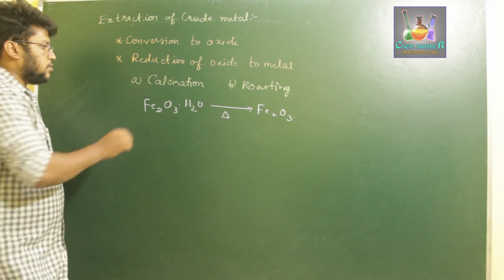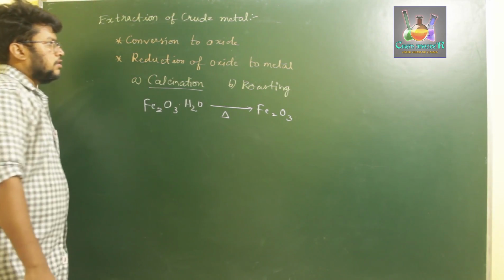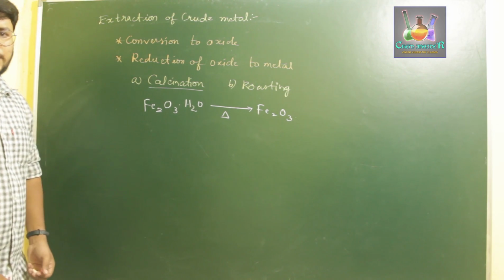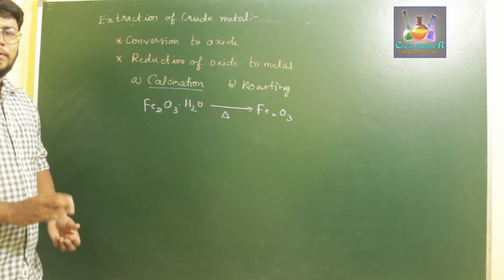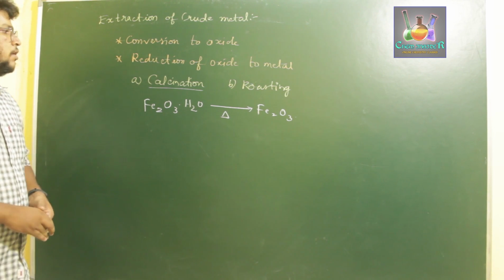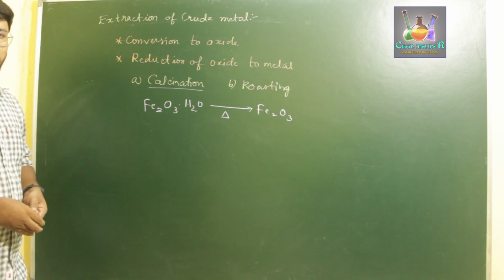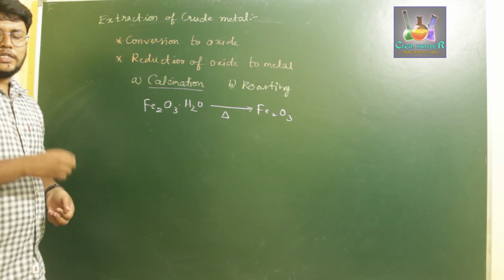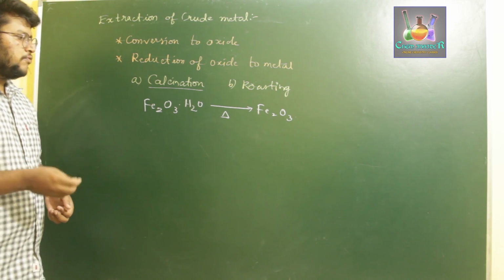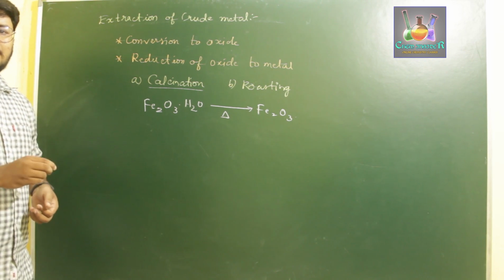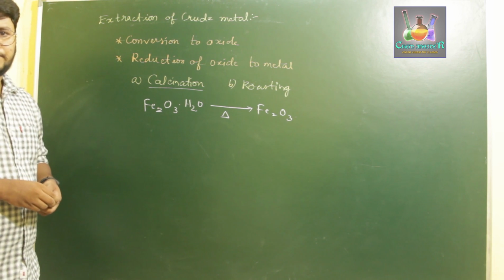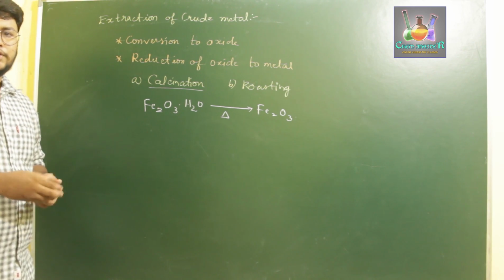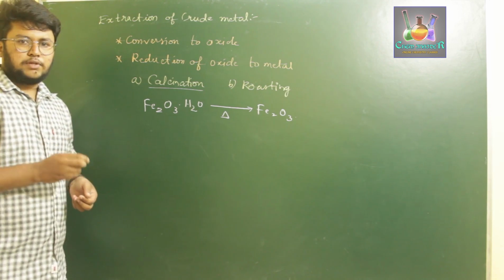The calcination process is used for those components which have some volatile impurities present in them. Calcination is defined as the process of converting a concentrated metal ore to its respective oxide if that ore has volatile impurities. This conversion is done in the absence of air.